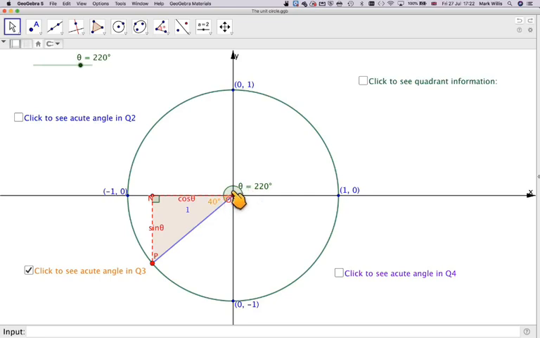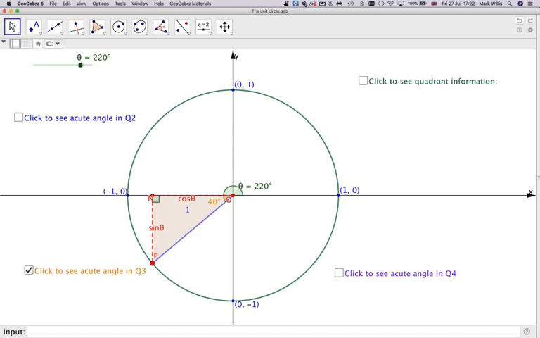This is important when we're solving equations. Now cos is negative, but sine is also negative because it's going downwards. But because tan is sine divided by cos, tan is actually positive. So sine and cos are negative here, and tan is positive.